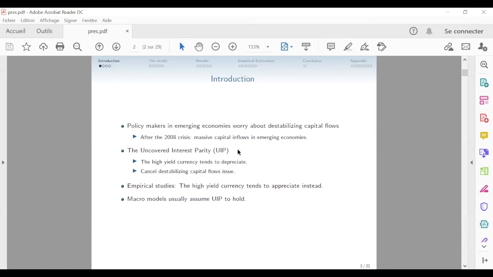The point is that many macro models still assume UIP, and in this paper we argue that we should relax this assumption in macroeconomic models, and we want here to present a tractable macroeconomic model with deviations from the UIP.